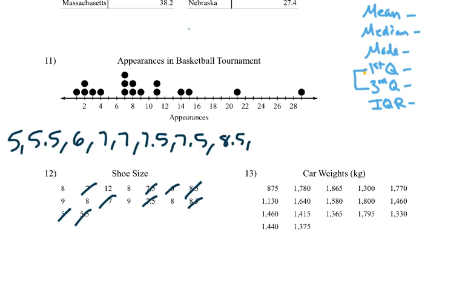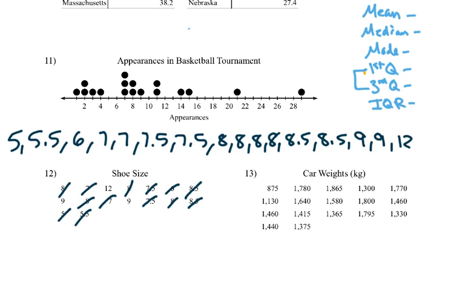Oops, not 8.5, 8 first, huh? Four 8s. Then two 8.5s. Then two 9s and a 12. Okay, so easy to see our mode was 8.